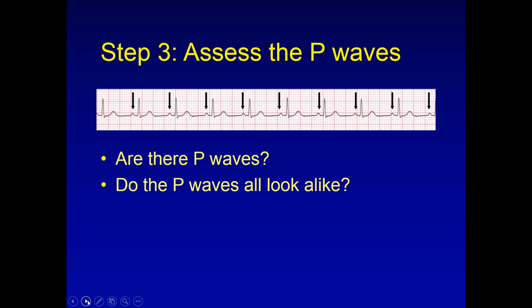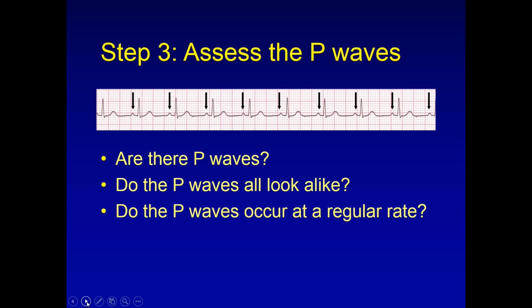They're unique. So if the electrical impulse is coming from the same spot or the same electrical focus in the heart each and every time, the waves will be identical. The P waves will look identical. Now you can have a P wave that was generated from the atrium but didn't come from the SA node per se, maybe close by it, and it would be shaped a little bit different than the other P waves.